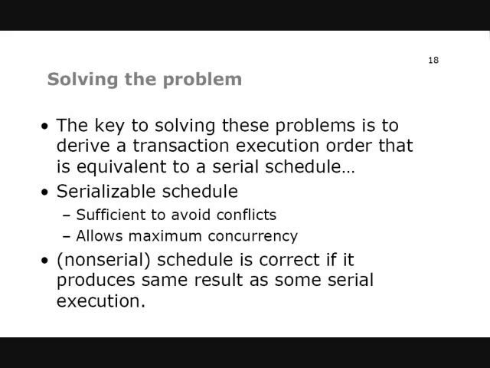So a non-serial schedule is going to be correct if it produces the same result as some serial execution. So as long as my execution of things in parallel produces the same result as executing transaction 1 and then transaction 3 and then transaction 2 in some order, then this is going to be correct.